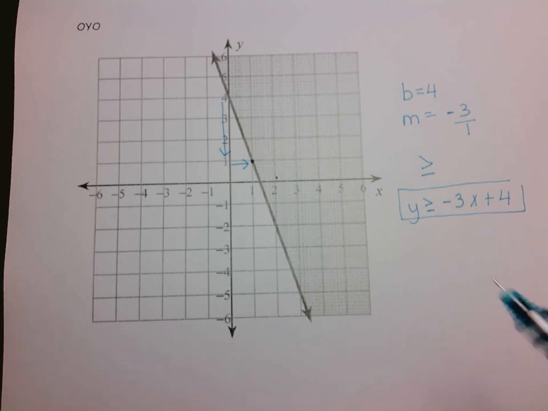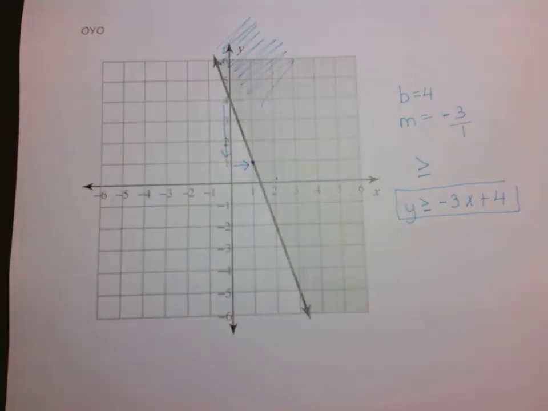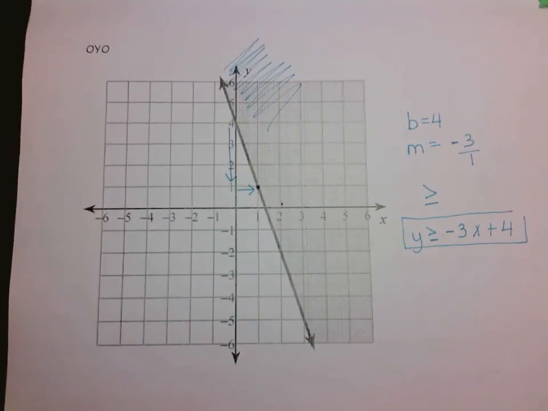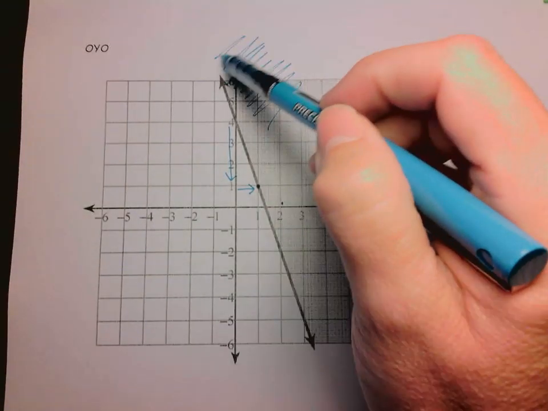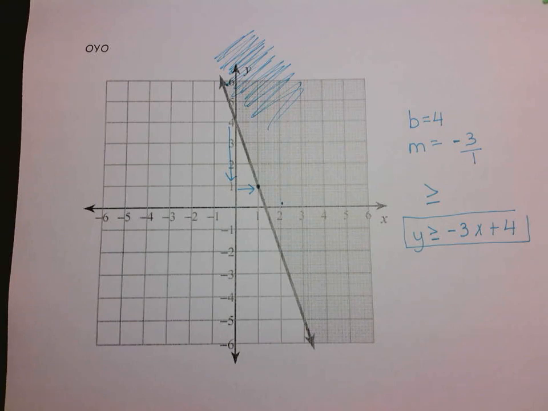Remember, this highlighted area here goes on towards infinity. So if you extend the highlighted area here, you can very clearly see how this is highlighted up towards those positive y values, so it is a greater than. And then finally, you have to ask yourself, is the line dotted or solid?